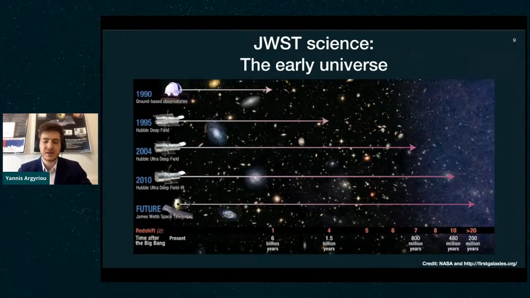Fourthly, JWST will answer questions about the early universe. What I try to represent in this slide are two main points. Firstly, the sensitivity of ground-based observatories is limited because of the atmosphere, and secondly, because of how far they can observe in the visible. The Hubble Space Telescope and the James Webb Space Telescope are better suited to observe further into space.